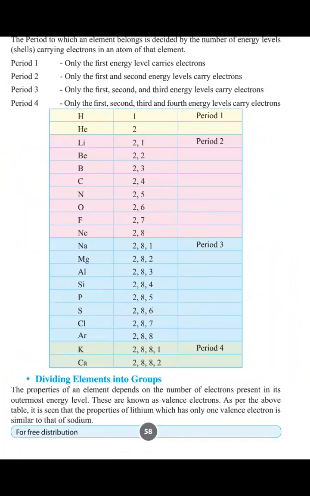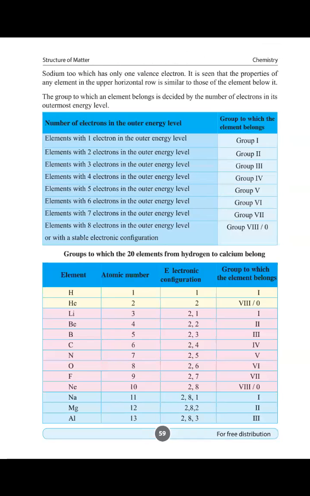That is determined by the electrons in the last shell or the last energy level. The number of electrons in the last energy level is known as the valence electrons.